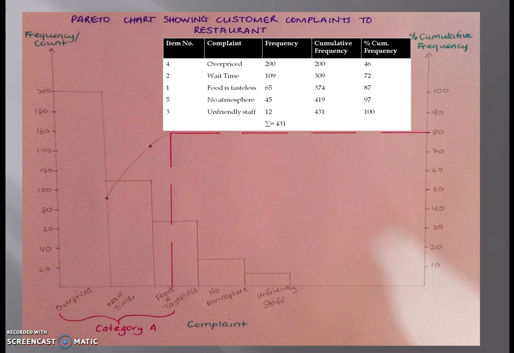So items in category A are the major problems or complaints that need to be resolved. In this case, roughly 2 major complaints should be prioritized first, since they contributed to 72% of all complaints. So these 2 complaints are overpriced items and wait time. Overpriced items and wait time contributed to 72% of all the problems, as you can see here.